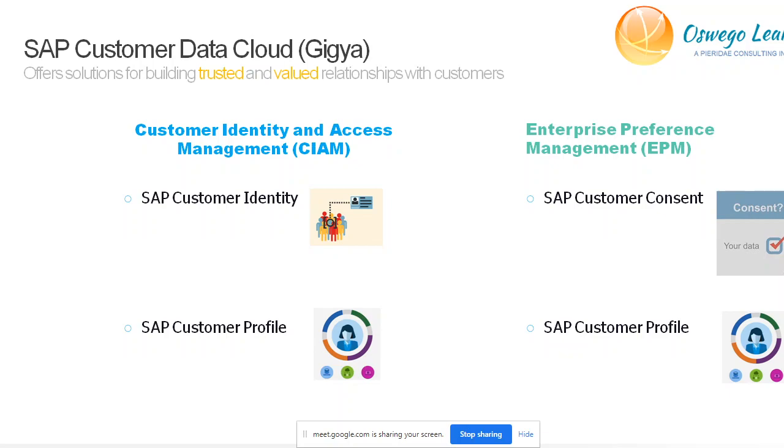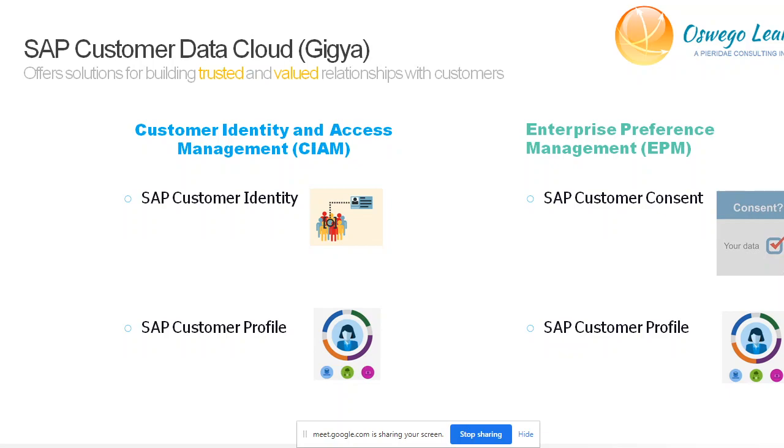Next is customer preference management, that is taking customer consent, because in many European organizations there is a rule or provision that without taking customer consent, they can't do any campaign, they can't send any mail.